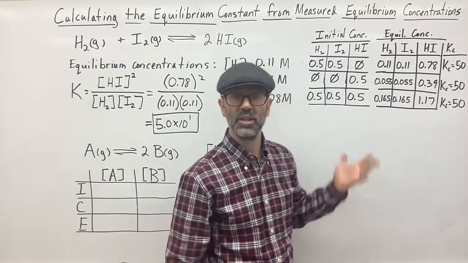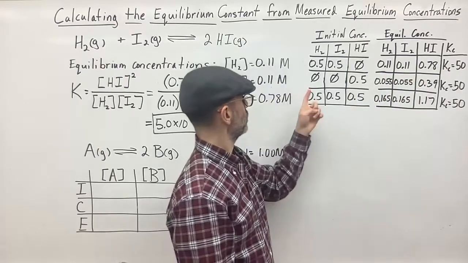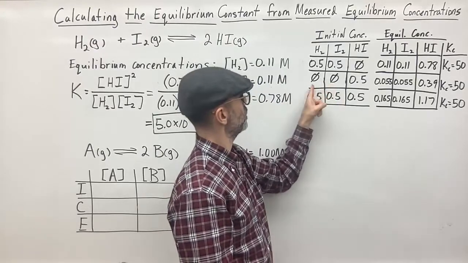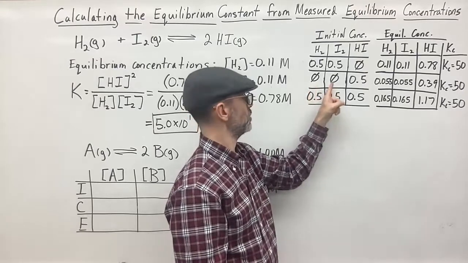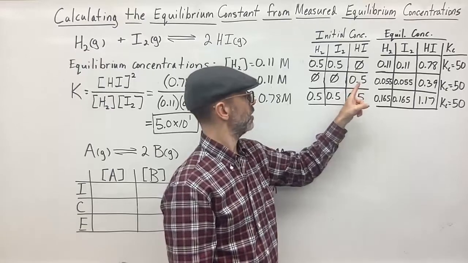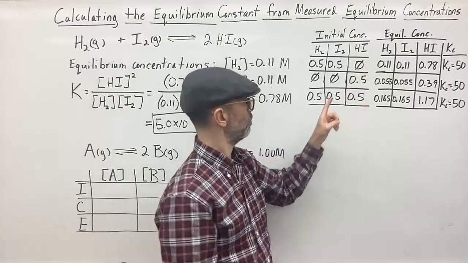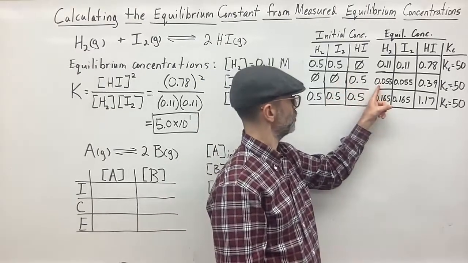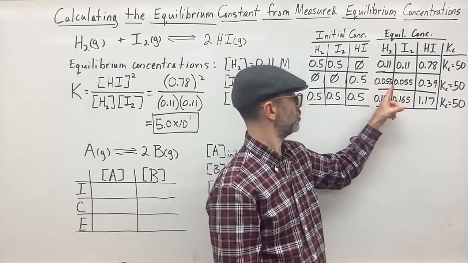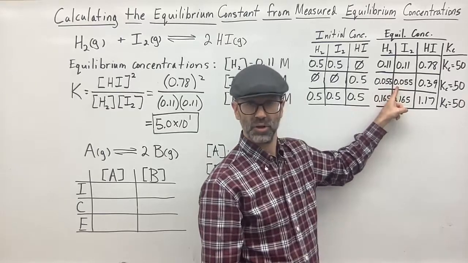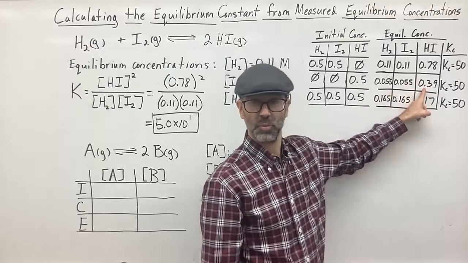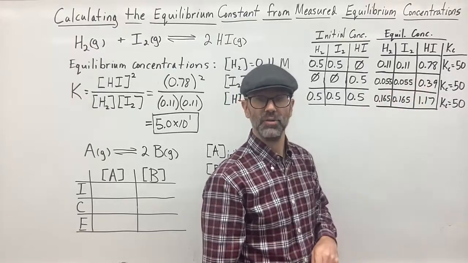But what if I start with different initial conditions? If I start with 0 H2 and 0 I2, and just 0.5 molar of HI, then at equilibrium I end up with 0.055 molar H2, 0.055 molar I2, and 0.39 molar HI.